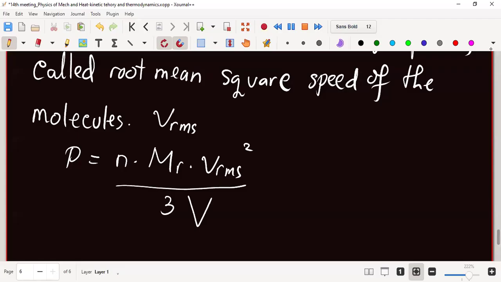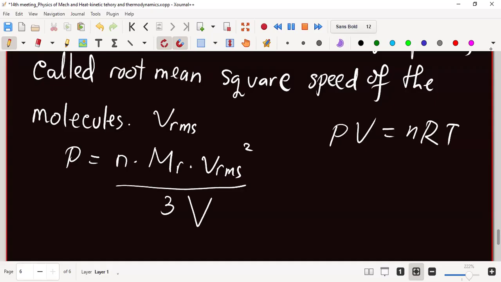And remember that PV is nRT. So we can write that 3 PV equals n molar mass times VRMS square.